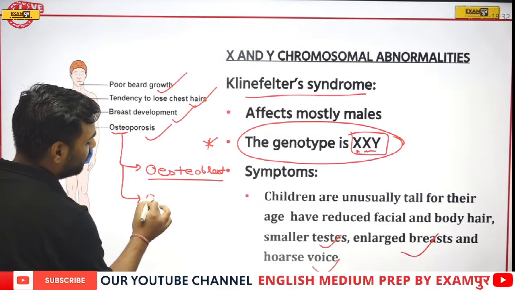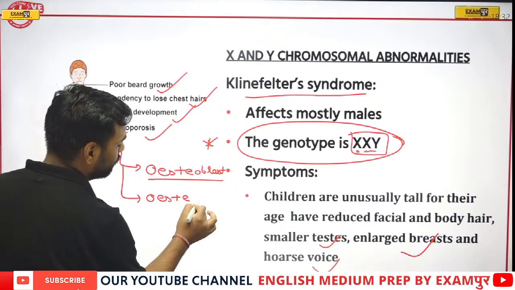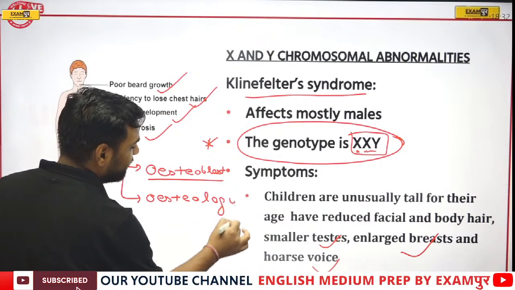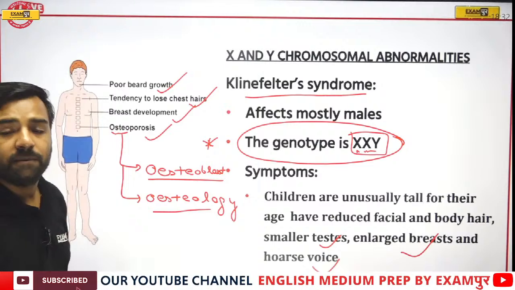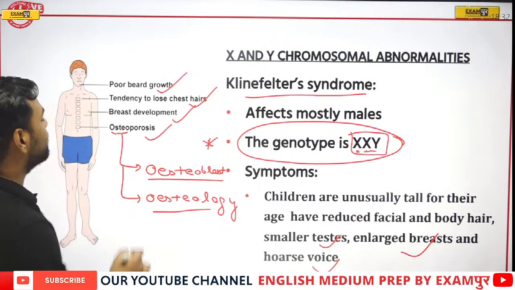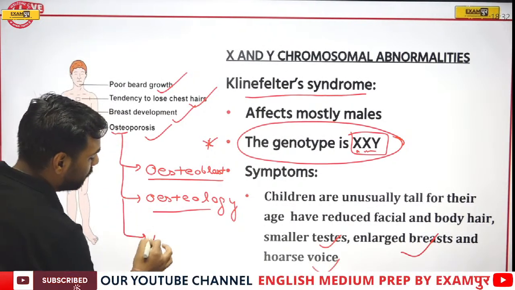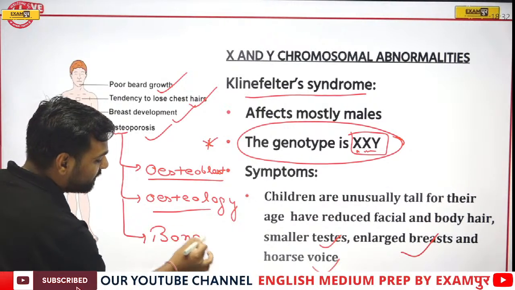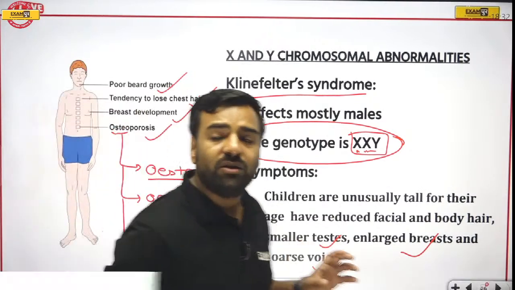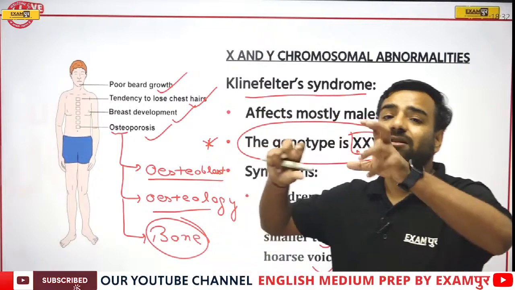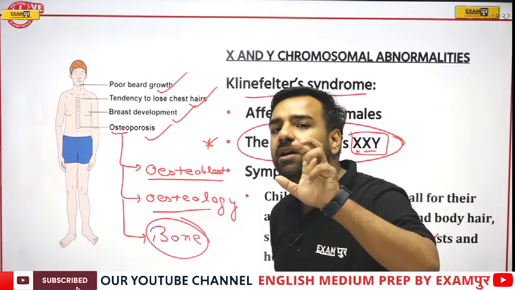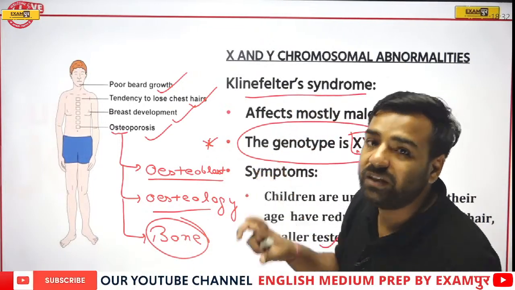Similarly, if I talk about osteology, this is the study related with bones, and hence this issue is also related to the bones. So in bone, what happens? There is actually weakened bone, there are spores, and they can easily be broken. So osteoporosis means there would be weaker bones.